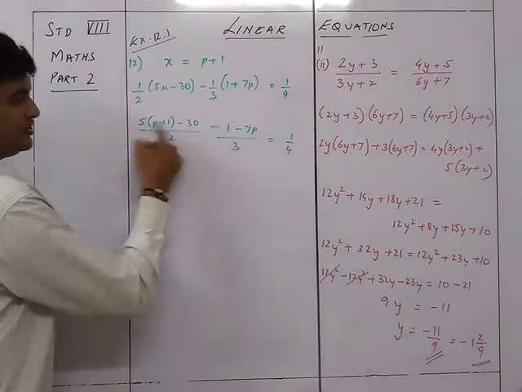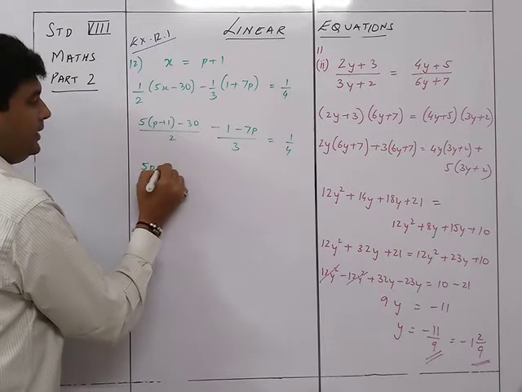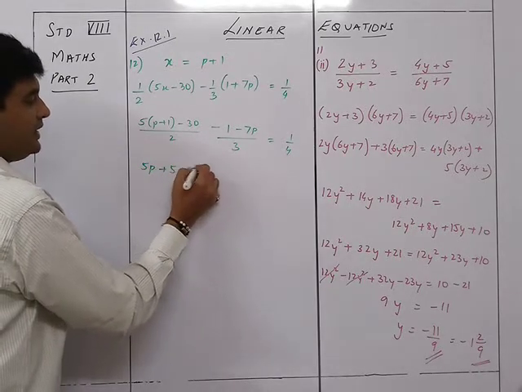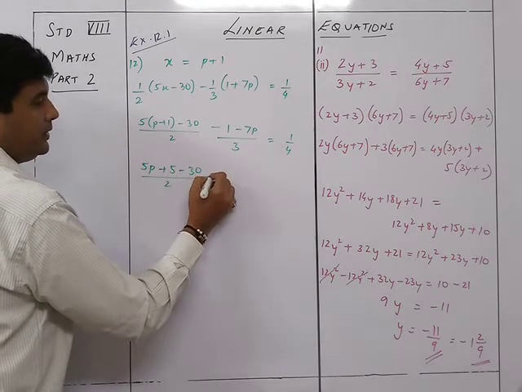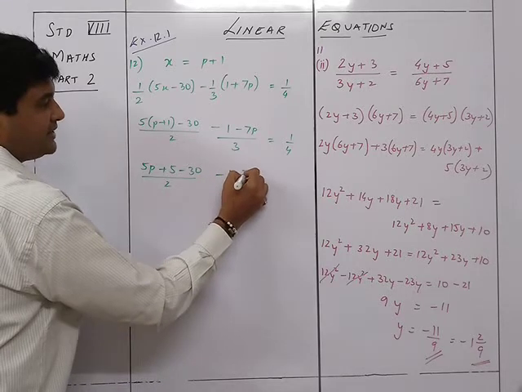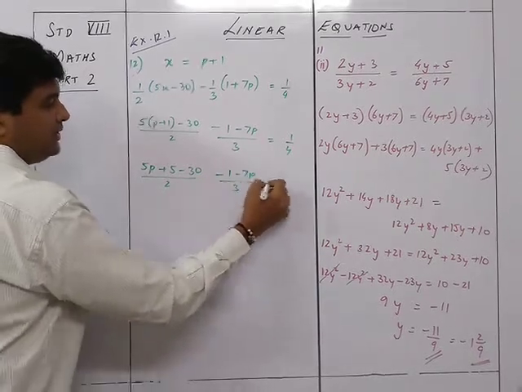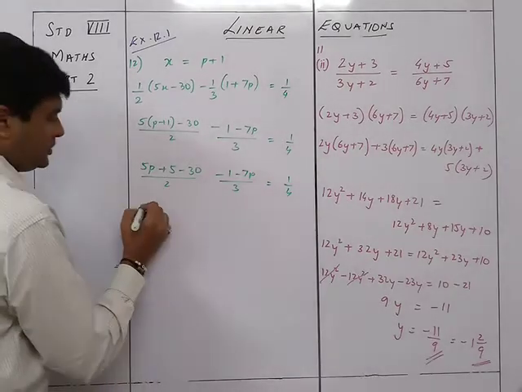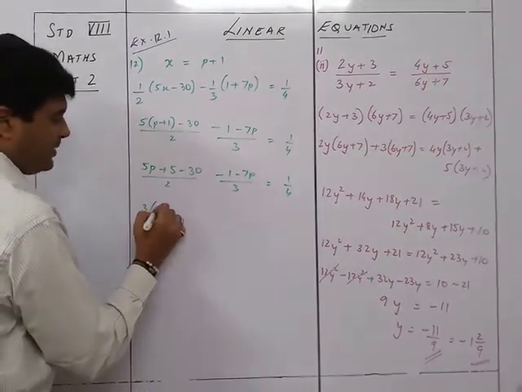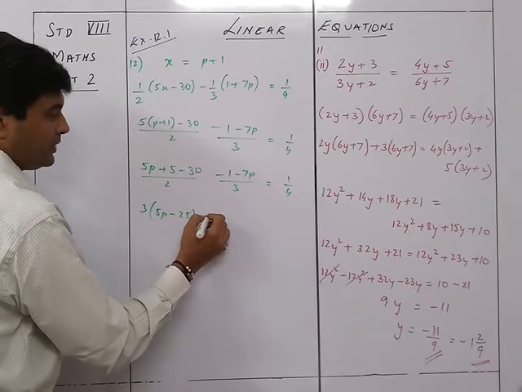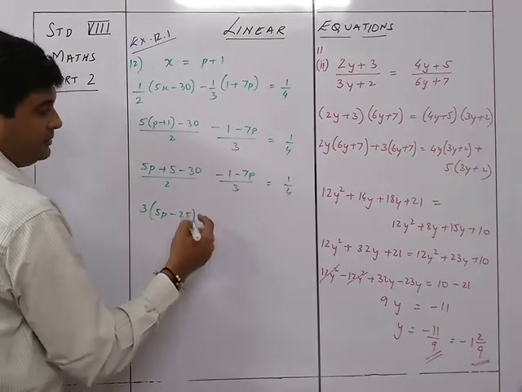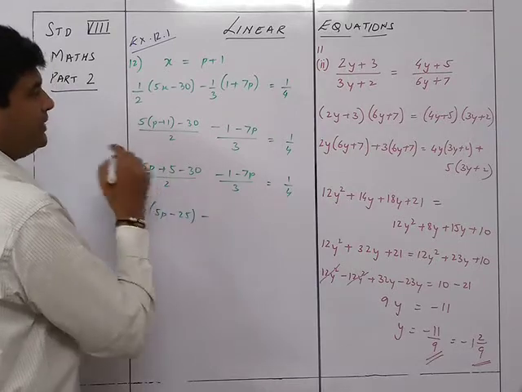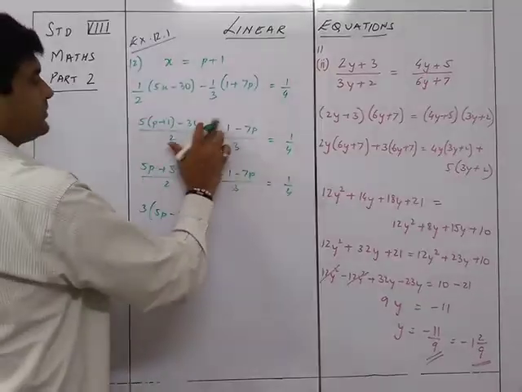So first of all, solve this. So it will be 5p plus 5 minus 30 upon 2 minus 1 minus 7p upon 3 is equal to 1 upon 4. So take the LCM. So this is 3. Now this is 5p minus 25. You are going to say now, okay, I'll do one thing. I'll just keep it like this.